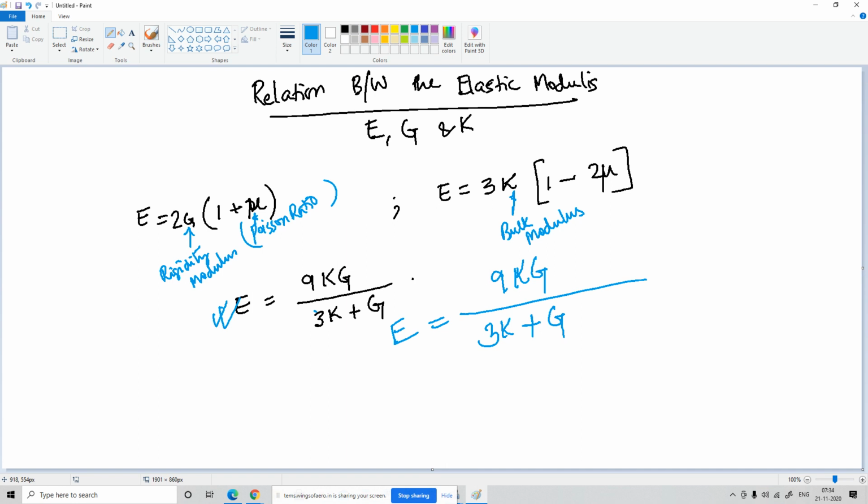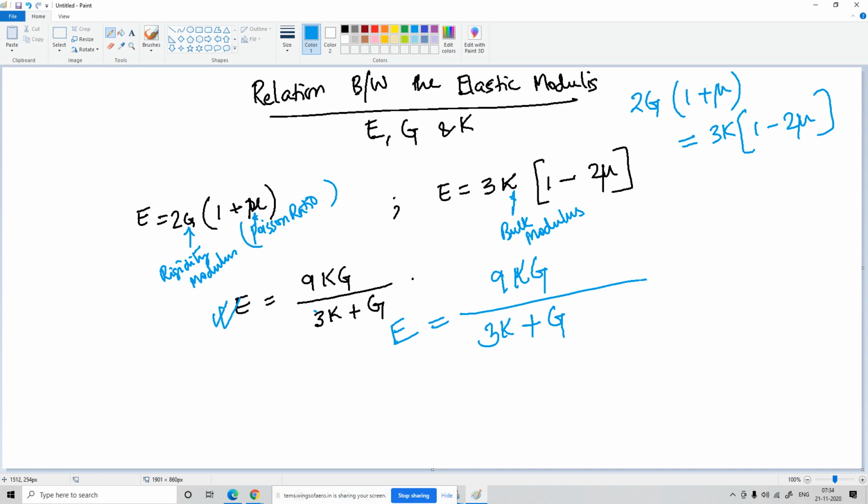Sometimes you need to use some tricks: since E equals 2G(1 plus mu) and E equals 3K(1 minus 2 mu), you can write 2G(1 plus mu) equals 3K(1 minus 2 mu). I can also write it this way.